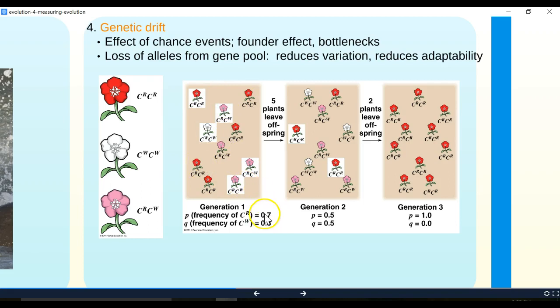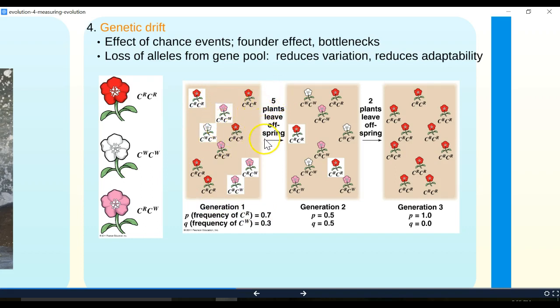So 14 out of 20, that's going to be 7 out of 10 or 70%. So in frequency, that's going to be less than 1. You can represent a percent in decimal form by saying 0.7. And so we're going to represent that as the frequency of 0.7. So 70% of the alleles in generation 1 are that capital R, that red allele.